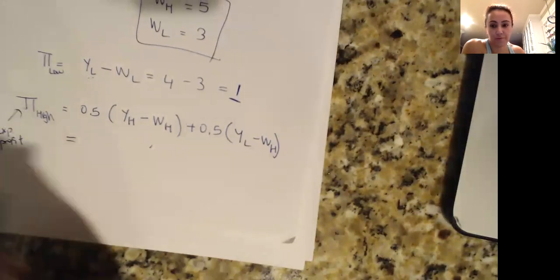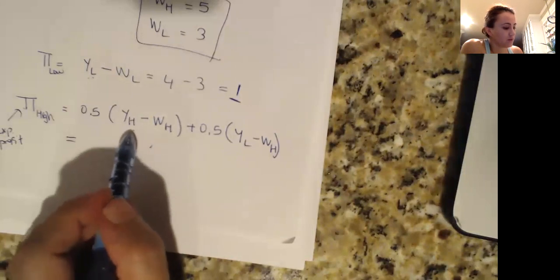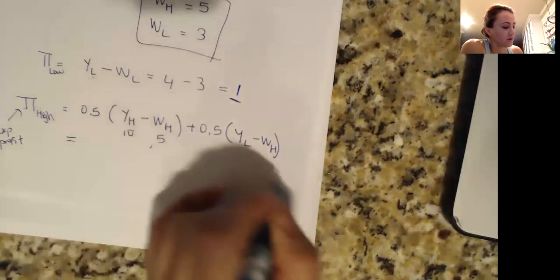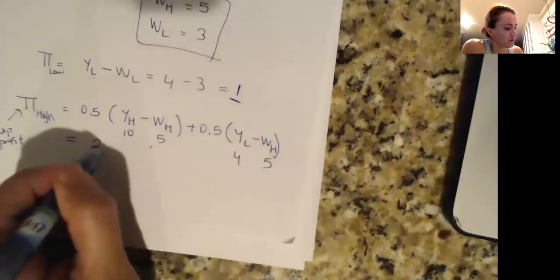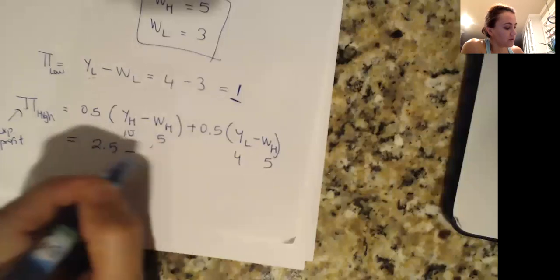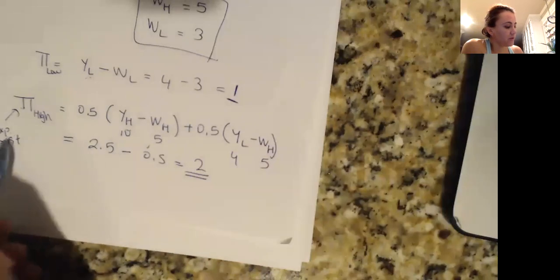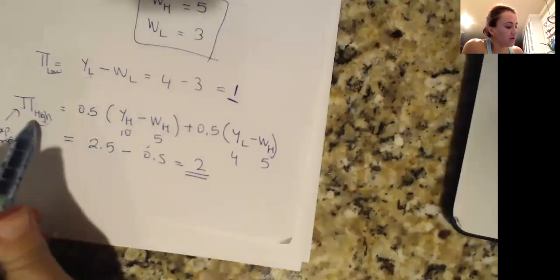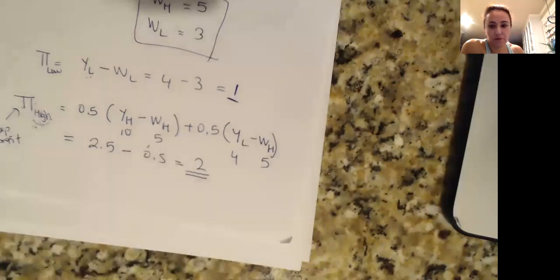It's not sure. WH is 10, so 10 minus 5, and YL is 4, so 4 minus 5. So this is 2.5 minus 0.5. The expected profit from having a high effort worker is equal to 2. Does this make sense? Yeah.